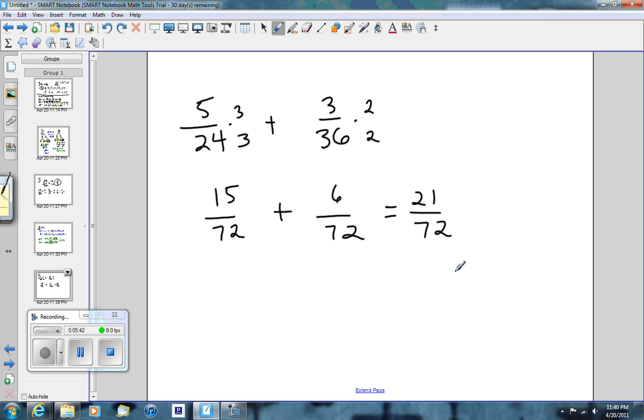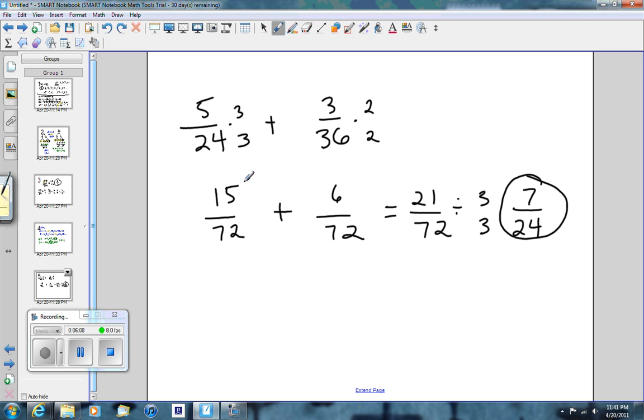Can it be reduced? Yes, it can be reduced. We can divide both of these by their greatest common factor, which is 3. Dividing both by 3, we get 7/24. And that's the answer there.